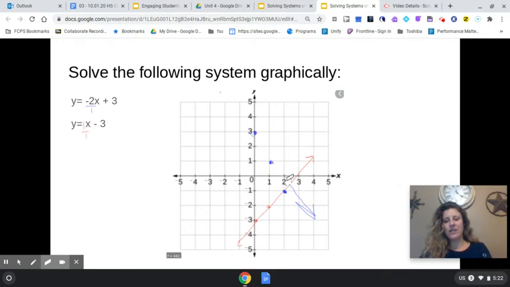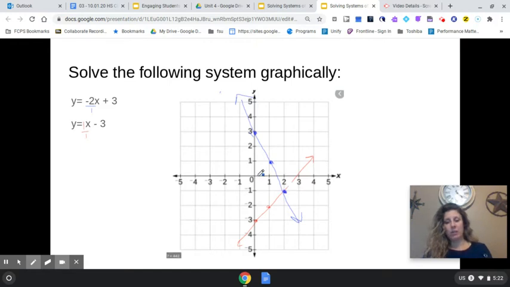Now, guys, that's not to say that you won't ever get lines that don't intersect at nice coordinates. So that's one of the disadvantages of the graphing method. If they don't intersect in a nice coordinate, then it's hard to tell where that point of intersection is located. But at least for this first example, they are intersecting and it is a nice coordinate point.